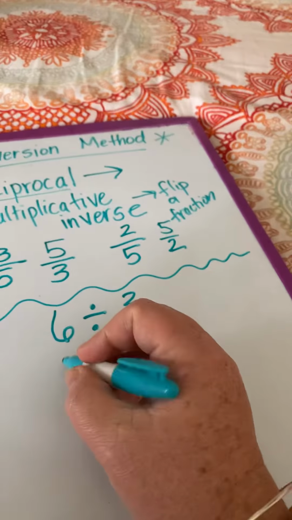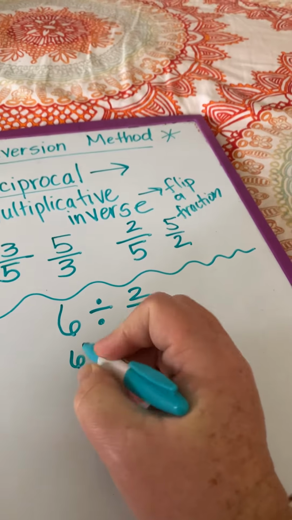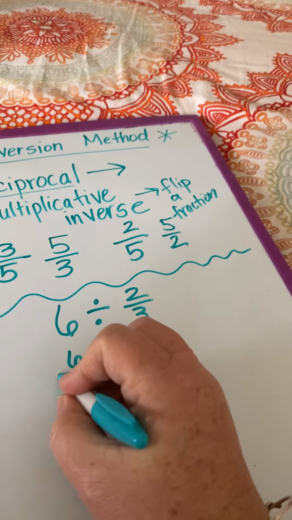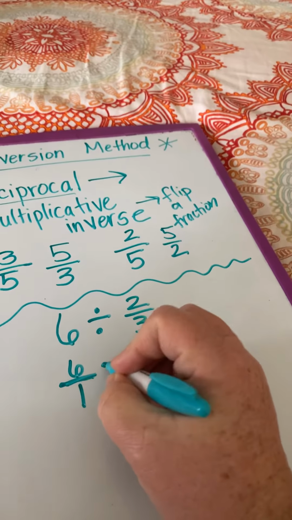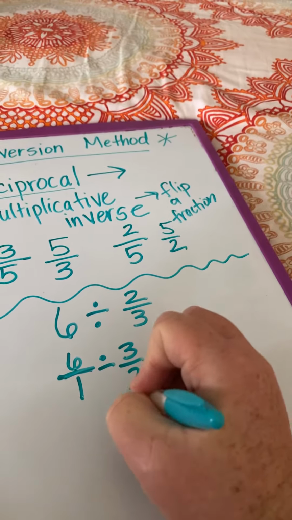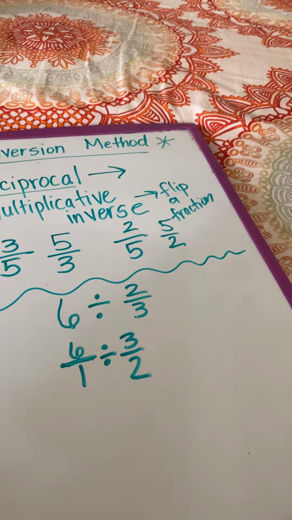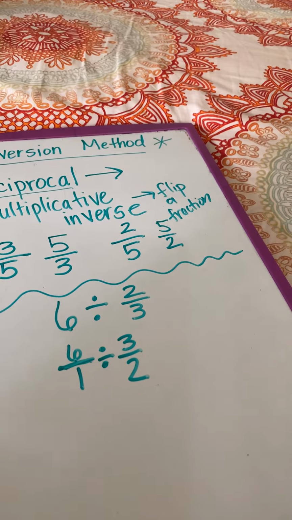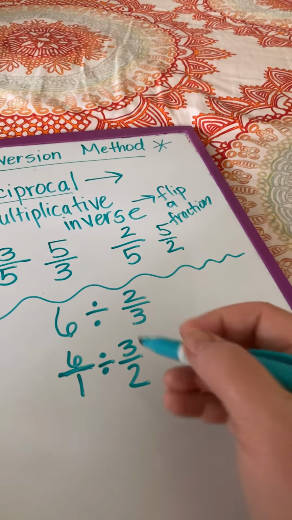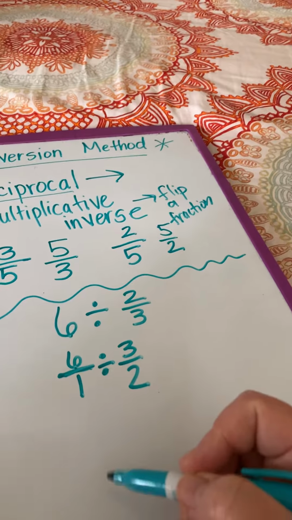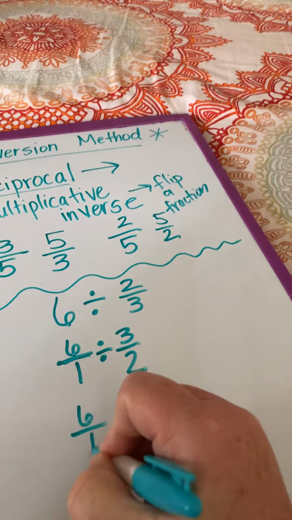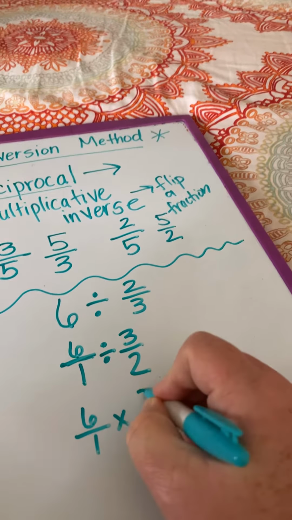To make this whole number a fraction, I'm going to put 6 over 1 divided by 3/2. So I did the inverse. Then you're going to change division to multiplication: 6 over 1 times 3/2.